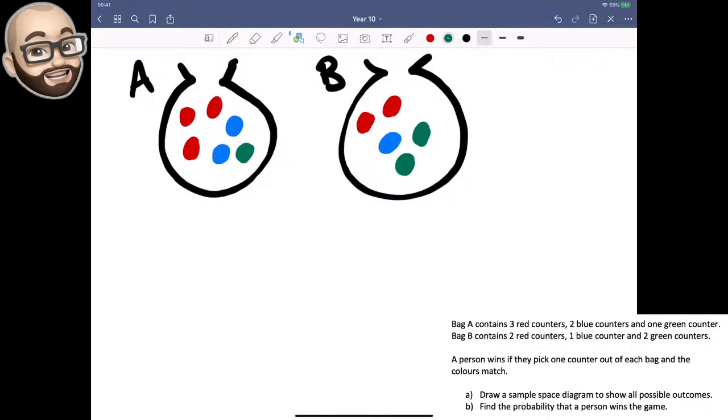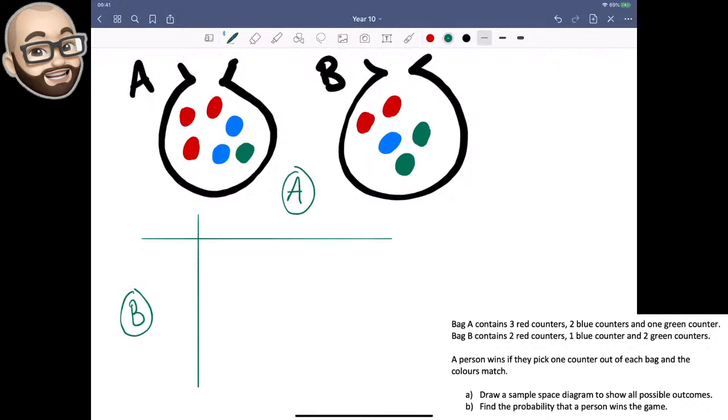Okay, so to do these, what you need to start off by drawing is a little table that looks something like this. And we're going to put all the possible outcomes for bag A, maybe across the top, and all the possible outcomes for bag B along the bottom.